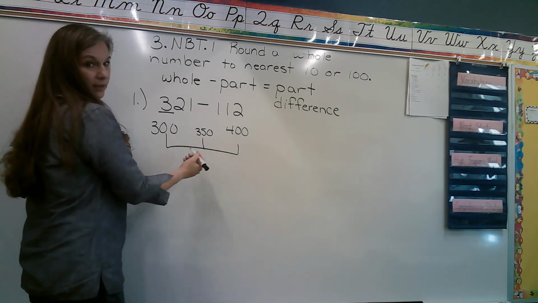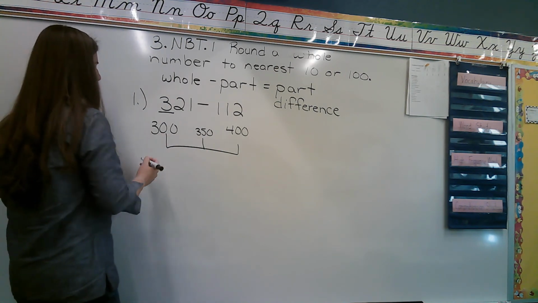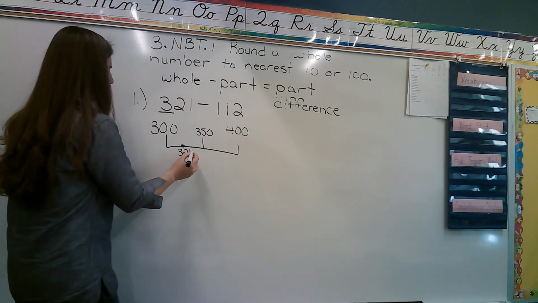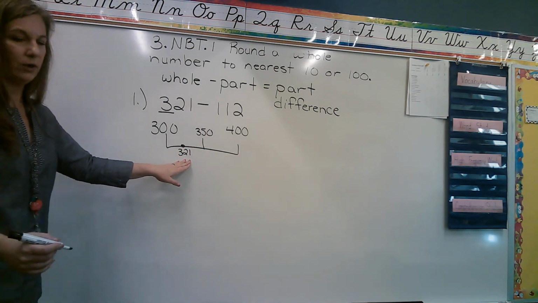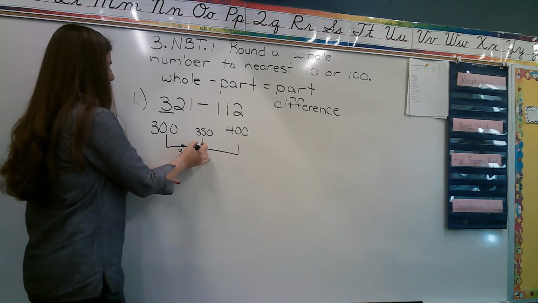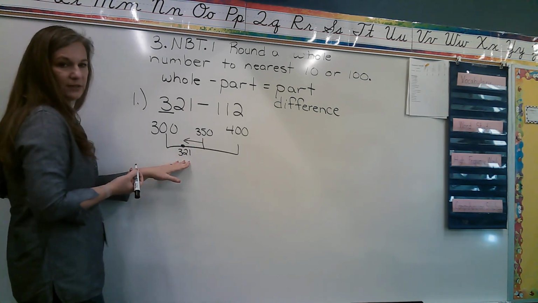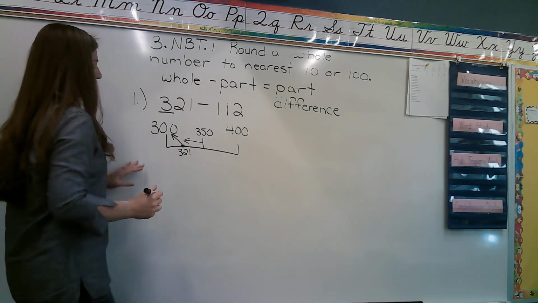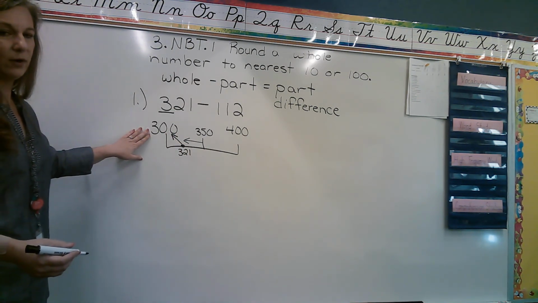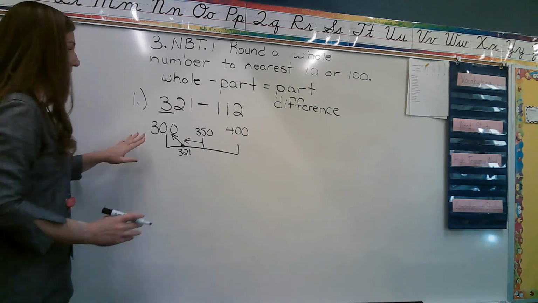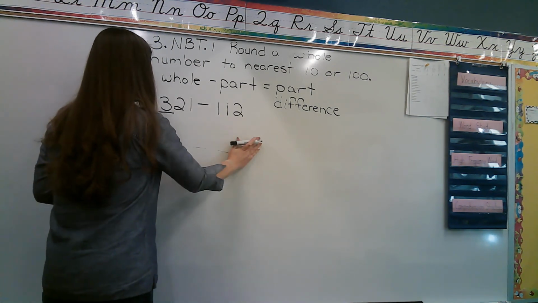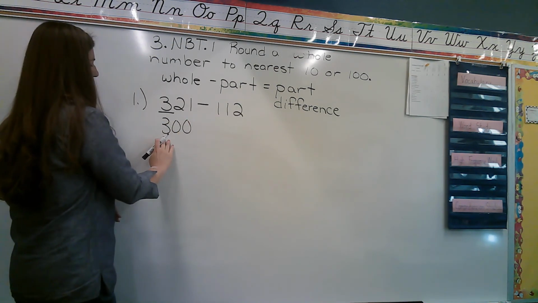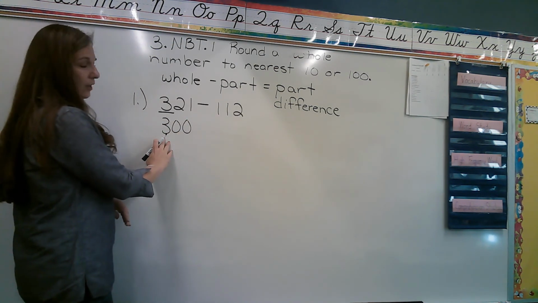I changed up my little number line here, but that's still okay. 321 might fall right around here somewhere. And so we notice that it's less than 350. Since it's less than 350, it's going to be closer to 300. So we're going to round 321 to the nearest 100, which is 300.